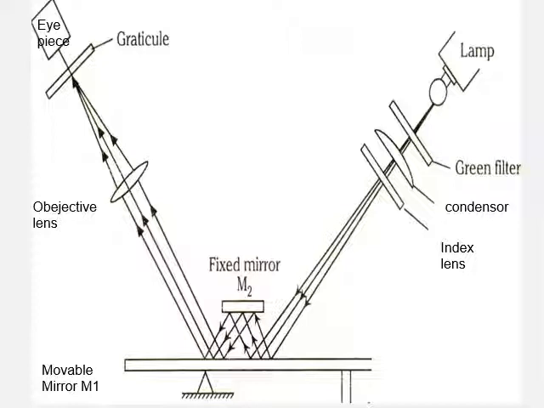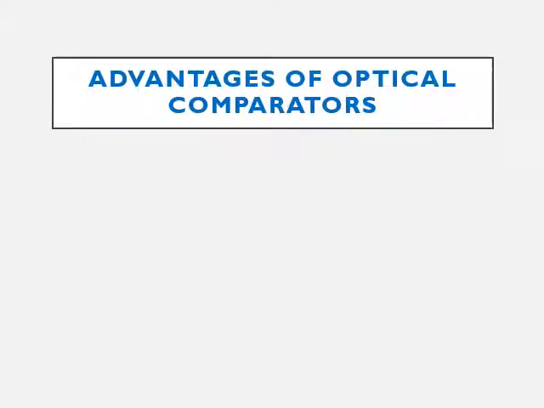By checking that displacement, we can easily calculate the angle by which the mirror is tilted, calibrated in terms of the angle of the movable mirror M1. When we know that M1 is tilted at the angle theta, then we can easily calculate the height by which the plunger or spindle is pushed or pulled.